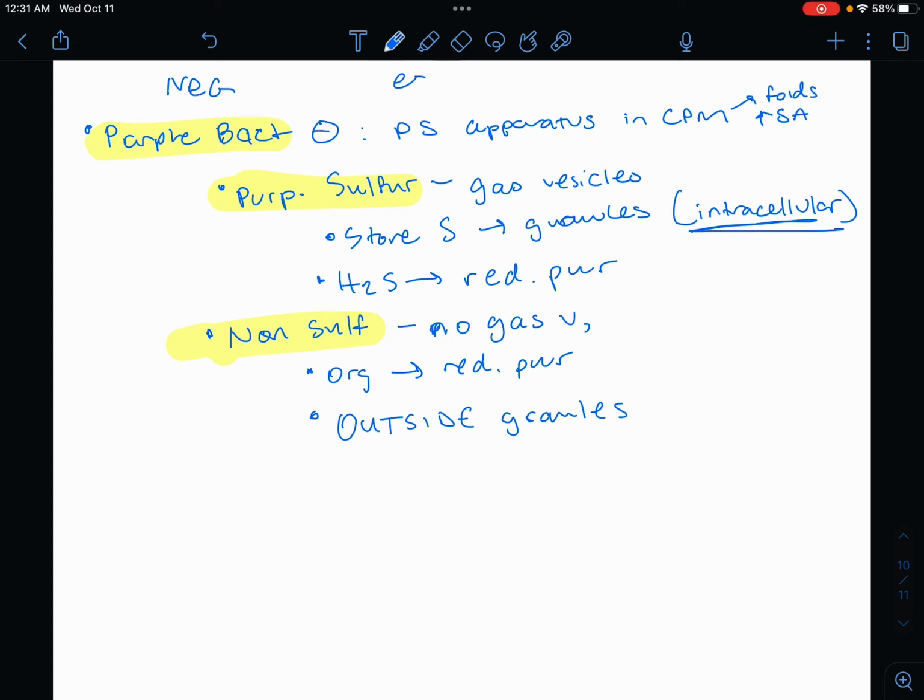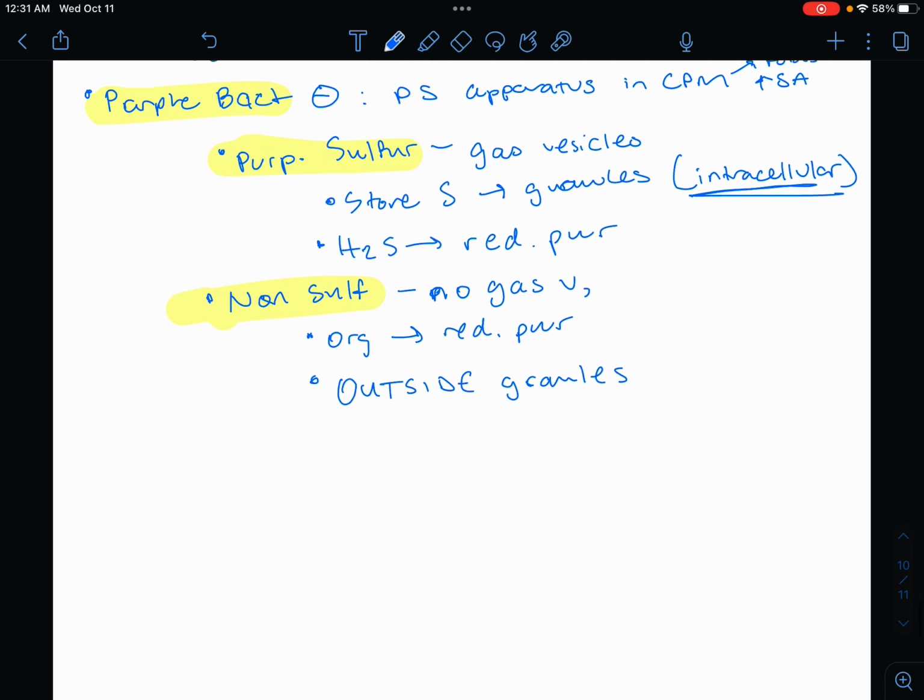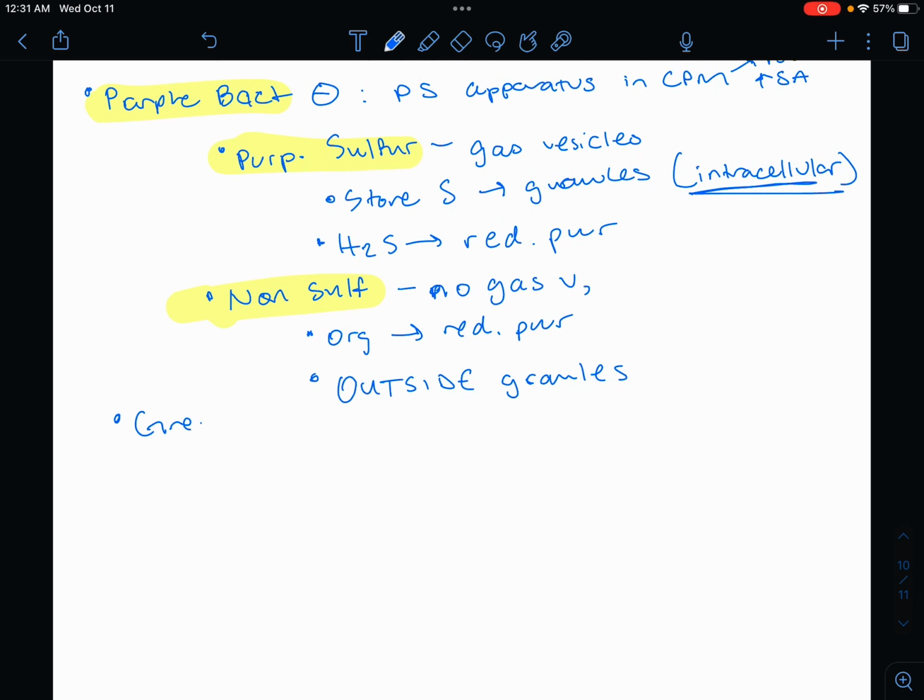All right, let's talk about green bacteria. Green bacteria are filamentous. And of course, they could also make multicellular arrangements.